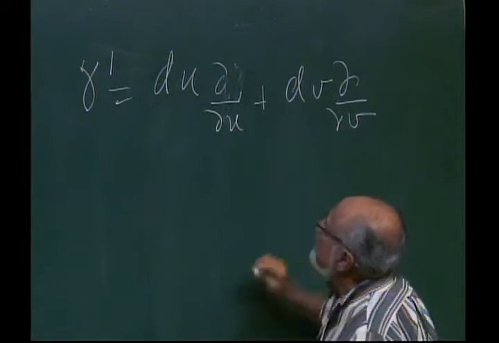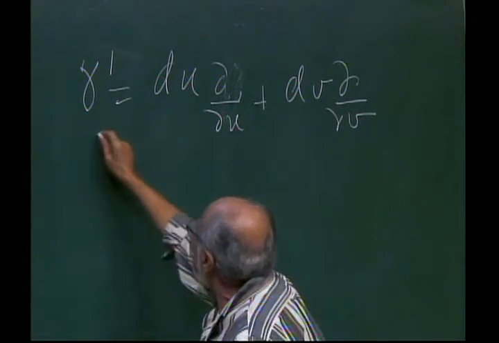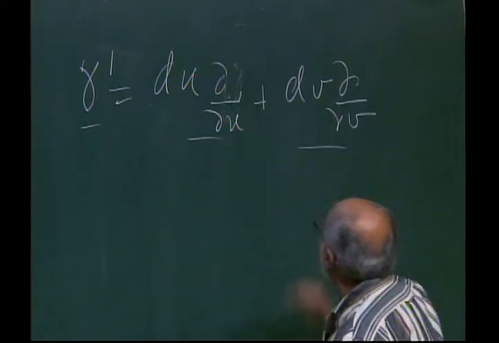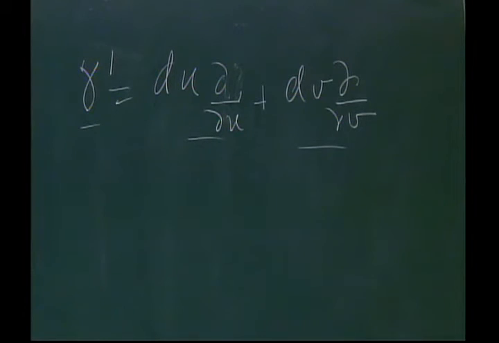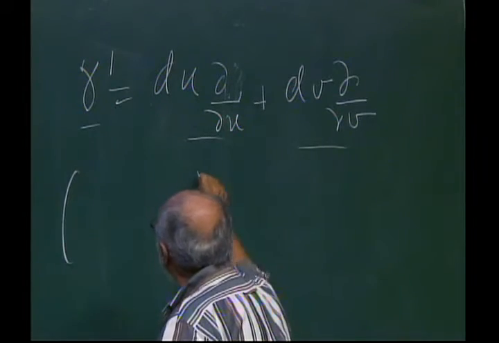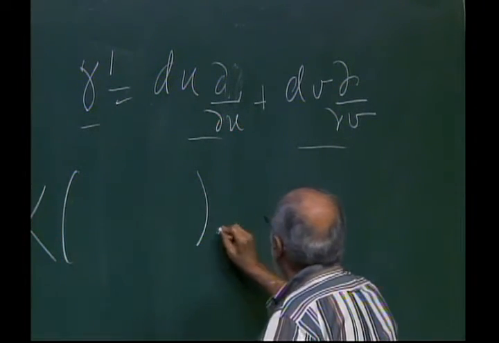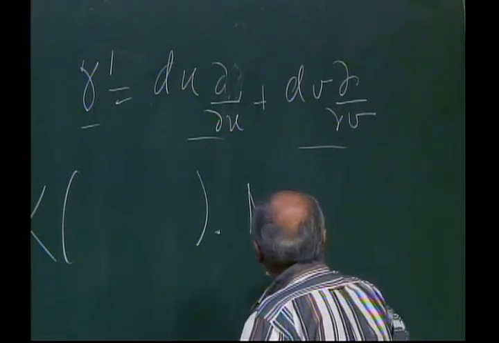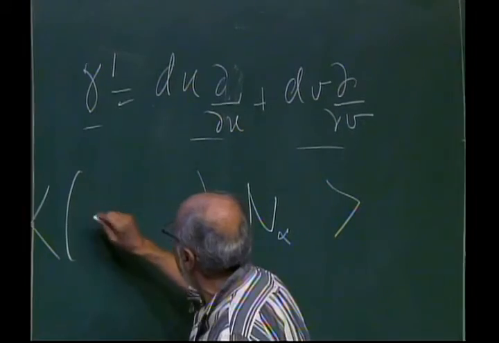Then you substitute this differential expression inside that wedge product, which is orthogonal to this. So you take the equation above and take the scalar product with the normal.